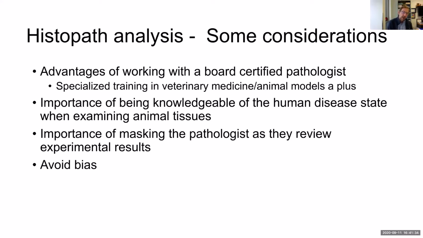That's where having somebody on the pathology side who's knowledgeable to consult with and apply their eyes is quite helpful. And it's also important when you're getting help from that pathologist to interpret experimental results that you use a masking approach to avoid bias.